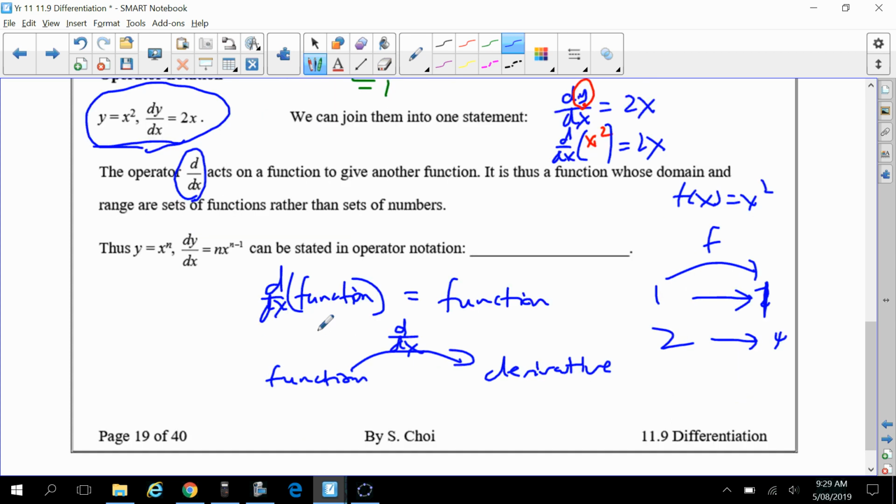And for your FYI, this thing is called, guess what? It's very intuitive, the primitive. So this is the derivative, and when you go backward, it's called the primitive. Again, that was not in your textbook yet. It's next year's textbook. Actually, maybe it's on the next page. But anyway, any question?